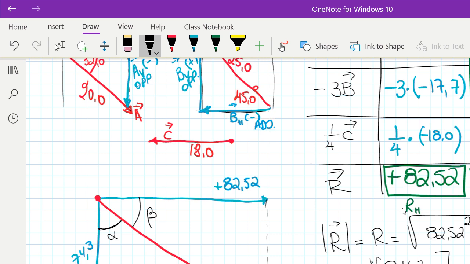And again, I'm ignoring the sign because I know where the vector is lying. So second function tangent, 74.3 divided by 82.52 will give 41.9, or 42.0 degrees.